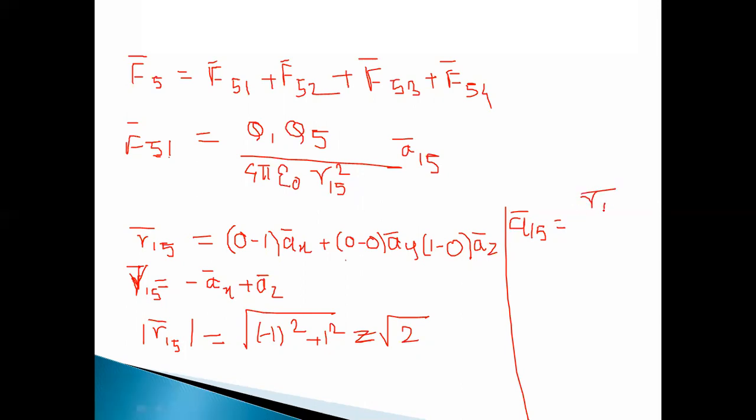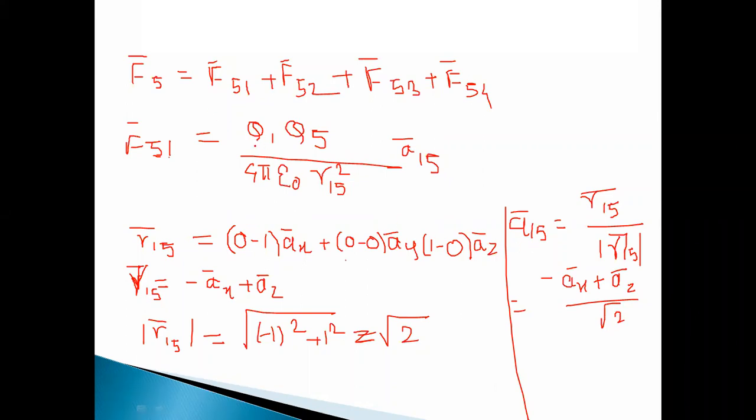So it is minus A bar X plus A bar Z divided by root 2. This is your unit vector A bar 15.